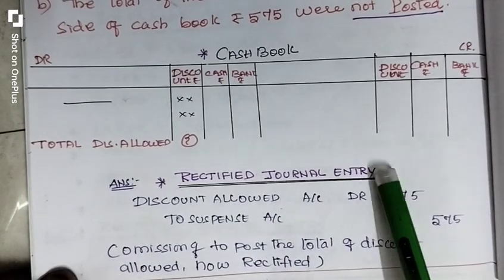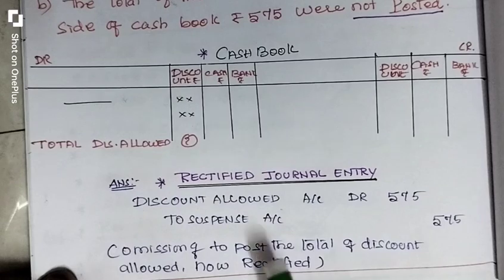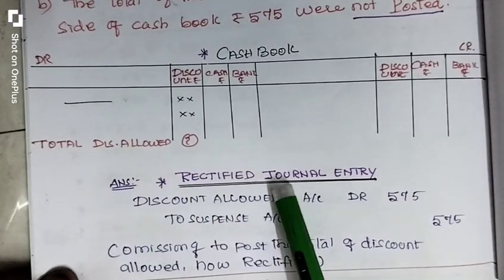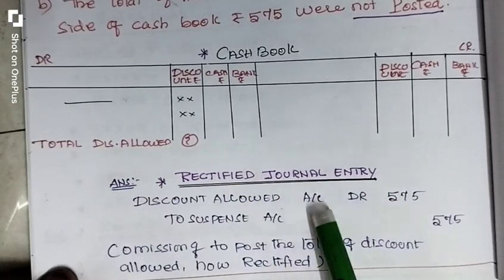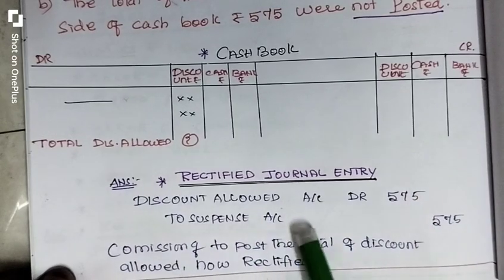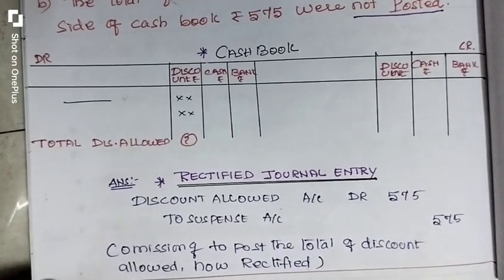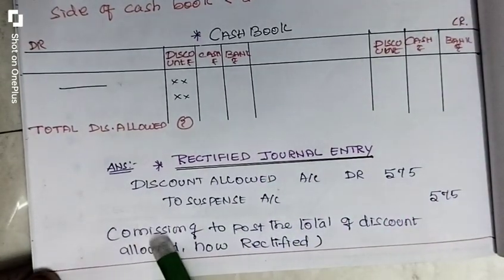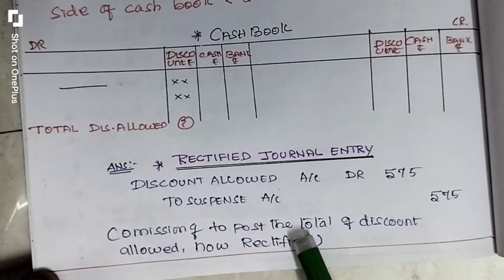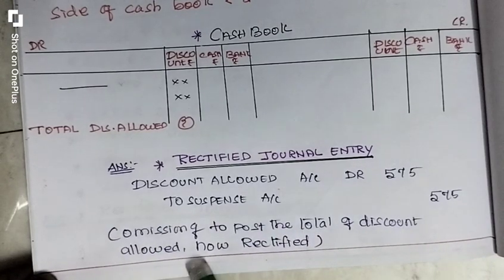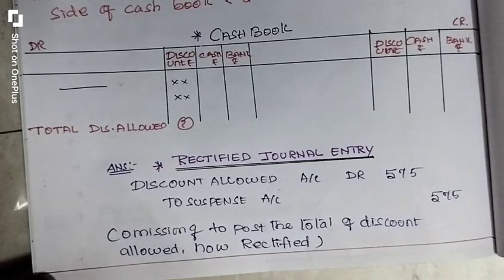So the rectification journal entry, this is the answer: discount allowed account debit 575 rupees to suspense account 575 rupees. The narration is omission of posting the total of discount allowed, now rectified.